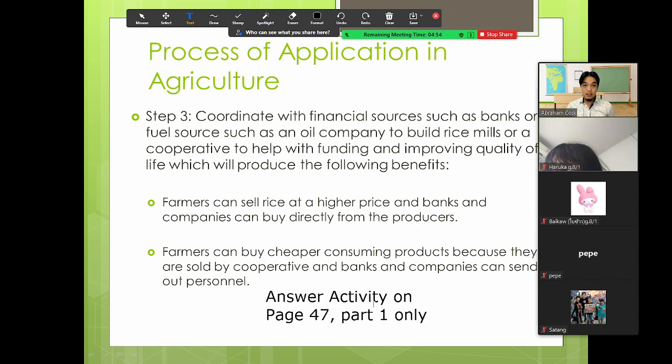So we have the first question there. How does this family apply the sufficiency economy philosophy? This is a further topic from what we just discussed, on the application in agriculture.